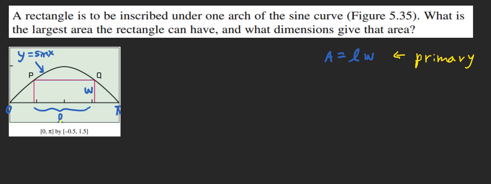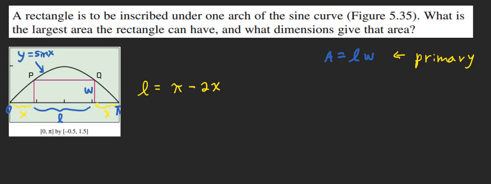Now take a look at L here. The distance from 0 to this will be x. If this is x, then this is also x. So we could say that the length of the rectangle will be pi minus 2x. Think about it.